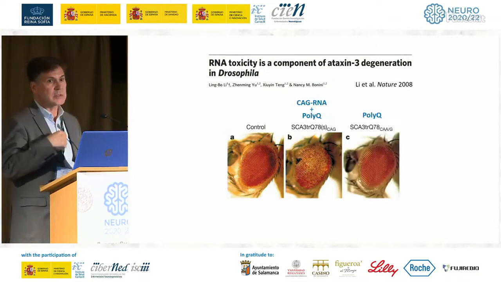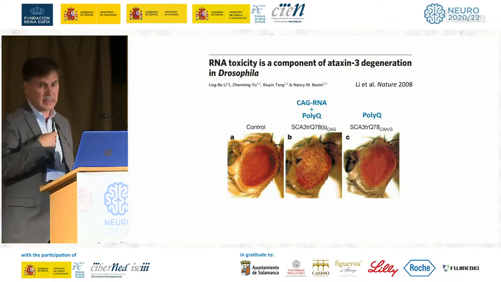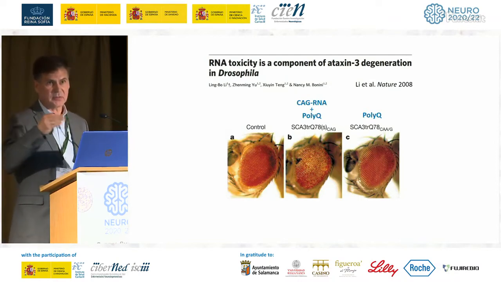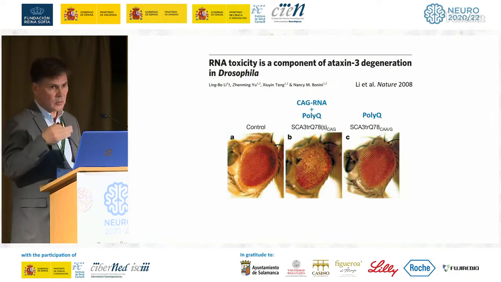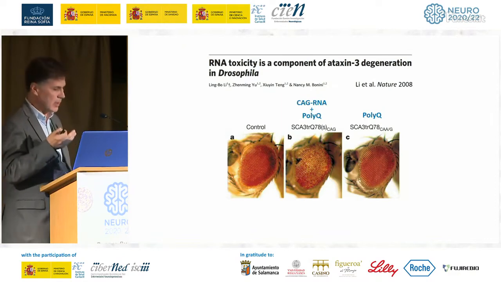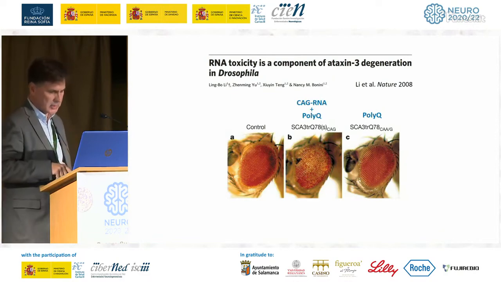However, if you produce the same ataxin protein with the same polyglutamine length, but encoded by an RNA that is not a CAG repeat, but intercalating CAG and CAA codons that encode polyglutamine, then you don't get so much toxicity.